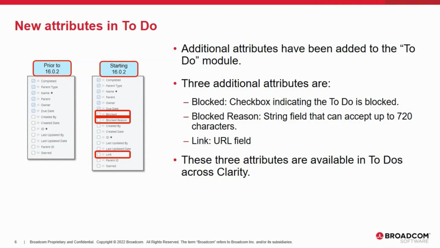The 3 attributes that are going to be added are blocked, which is a checkbox indicating that the specific to-do is blocked. Blocked reason, which would be a string that will accept up to 720 characters. And the third is link, which is a URL field that will allow the user to populate a URL value. Again, these 3 attributes will be available in the to-dos across Clarity.